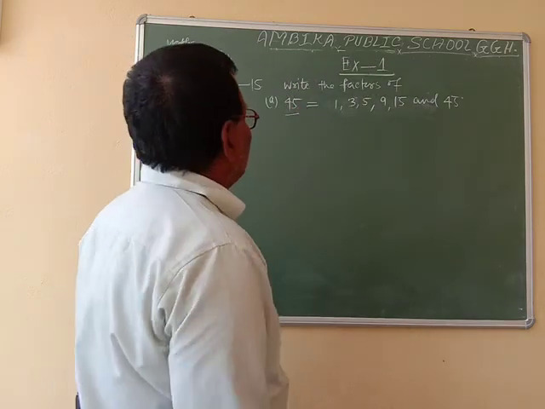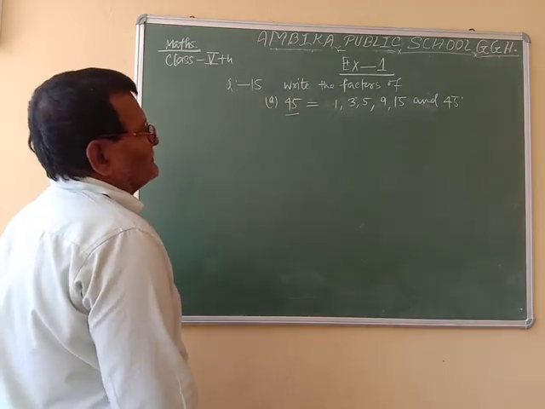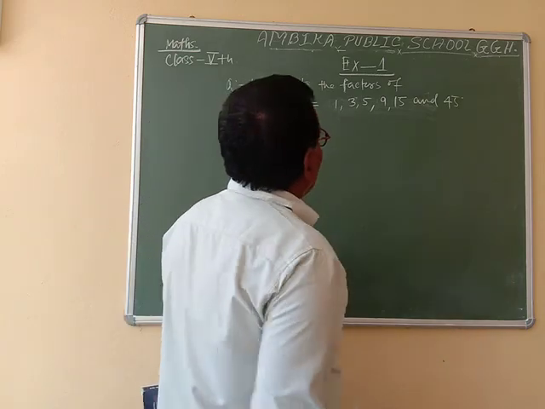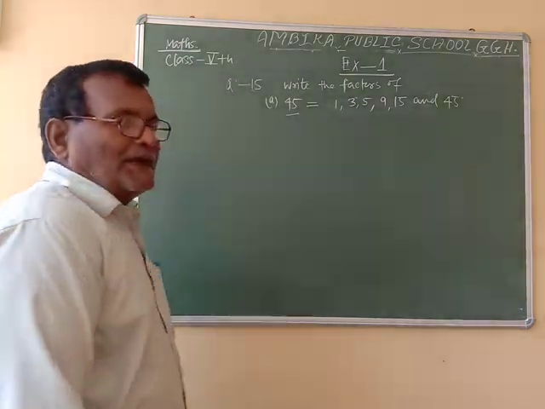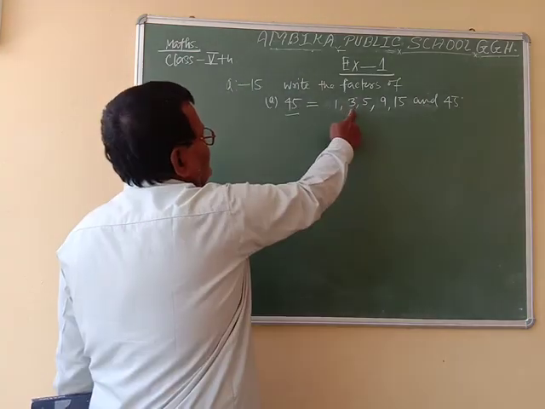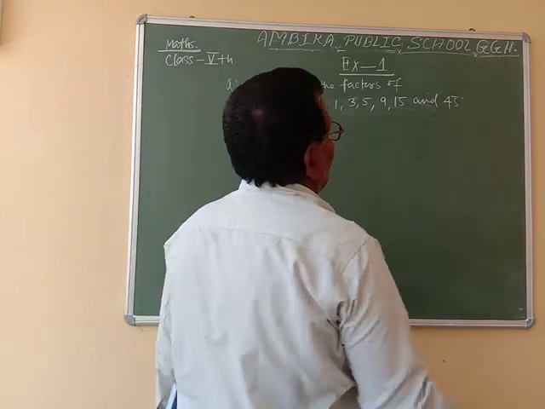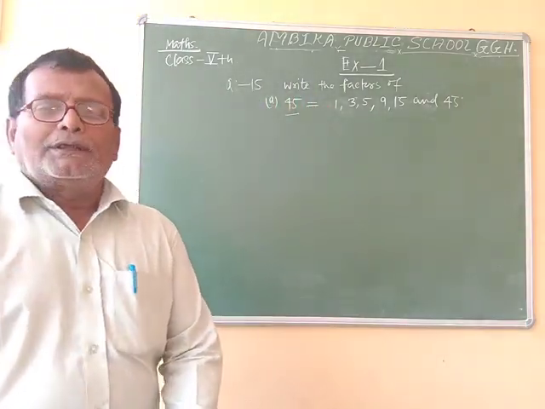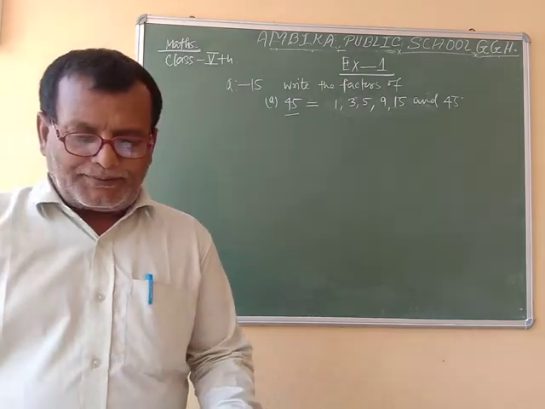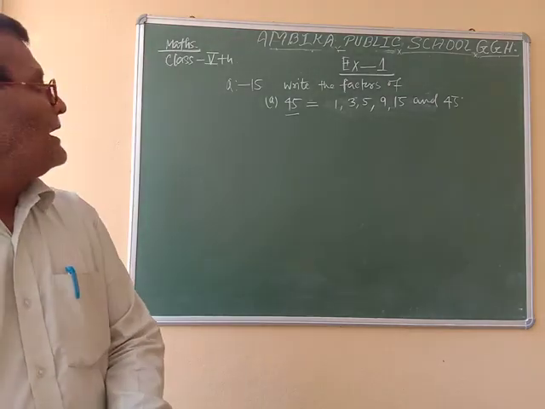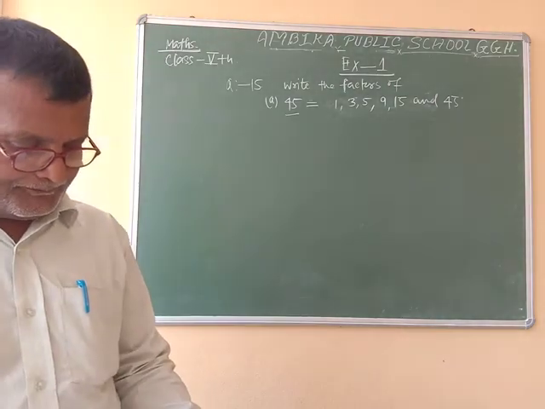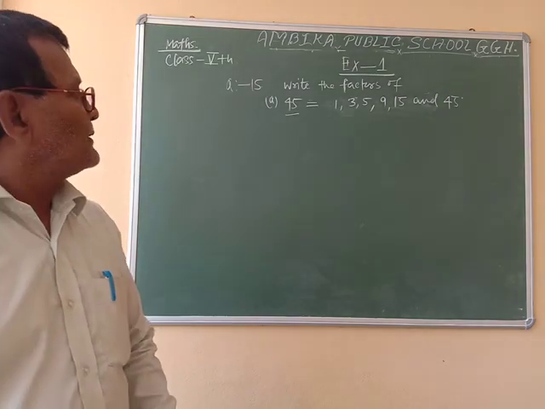Here 45 is divisible by all these numbers. So the factors of 45 are 1, 3, 5, 9, 15 and 45.